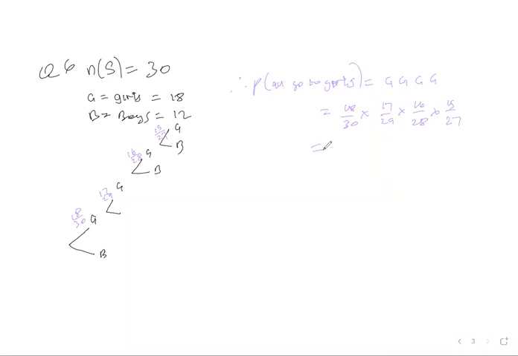So when we do that, what does the product give us? The product gives us 68 over 609. So this is a probability.